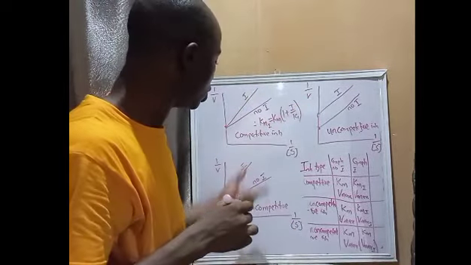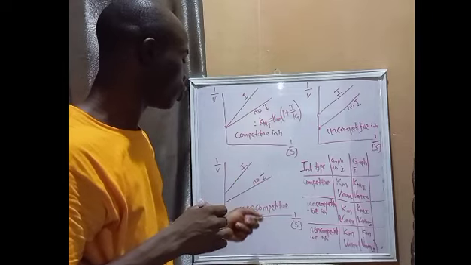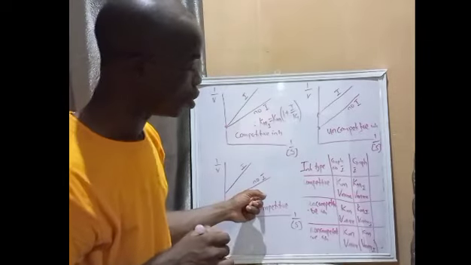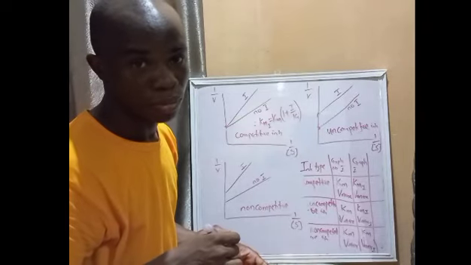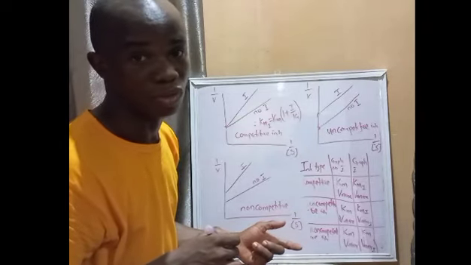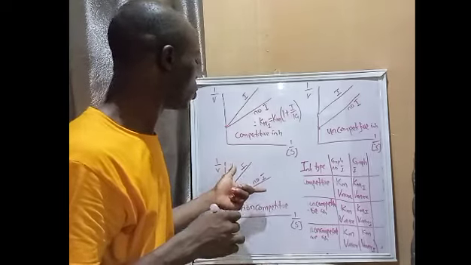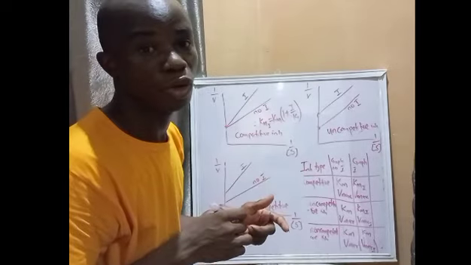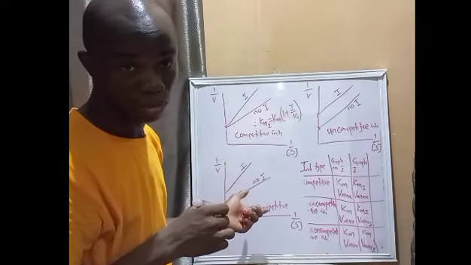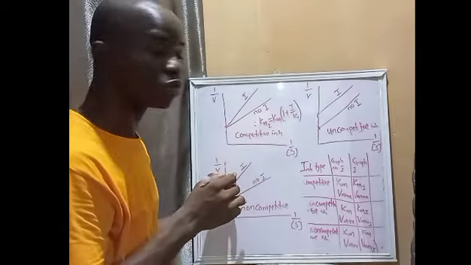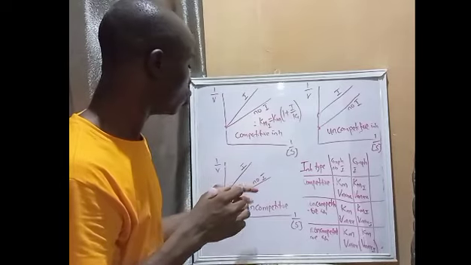Now, let me talk about the non-competitive inhibition, whereby you are having different Vmax. When you have inhibitor involved in non-competitive inhibition, the Km for this line is the same as the Km you are going to get from this line, but the Vmax will be different.